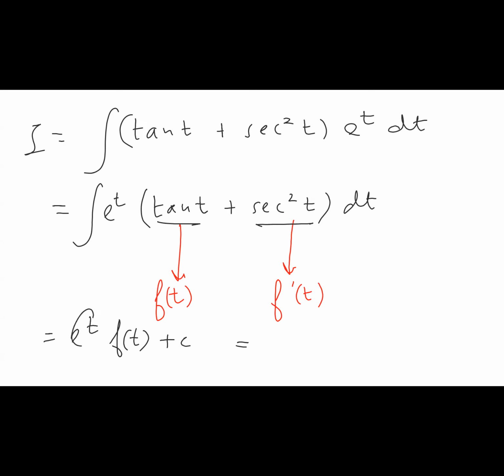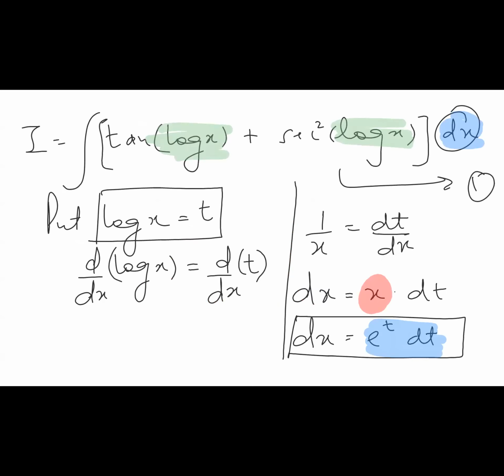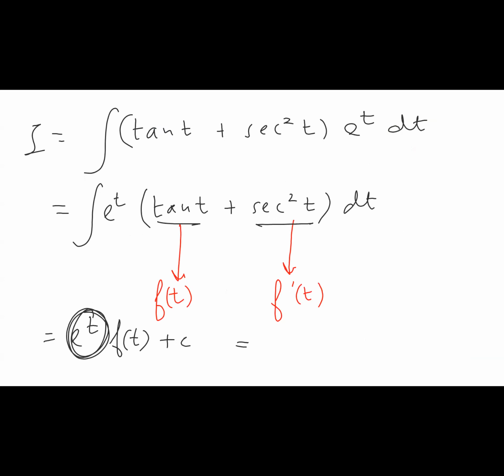Now e raised to t. What is e raised to t in the problem? E raised to t is nothing but x. See, x is e raised to t. And f of t is tan t plus c.